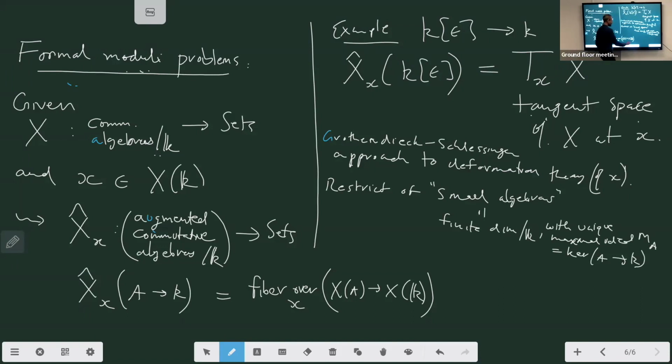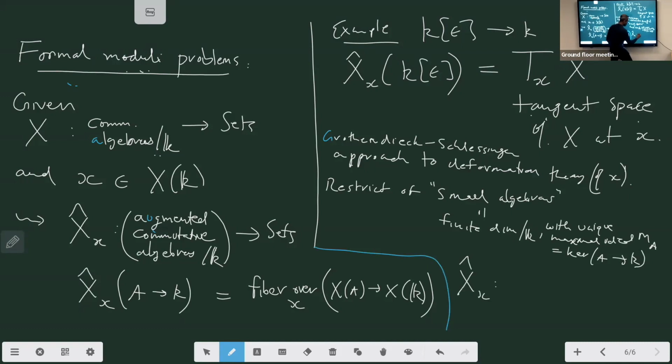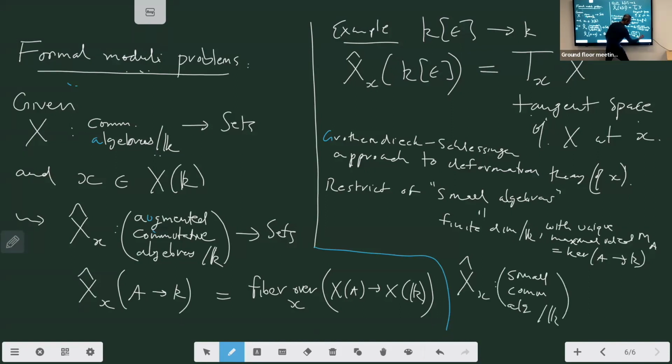So I get a functor X hat X going from small algebras, also known as Artinian commutative algebras, to sets.